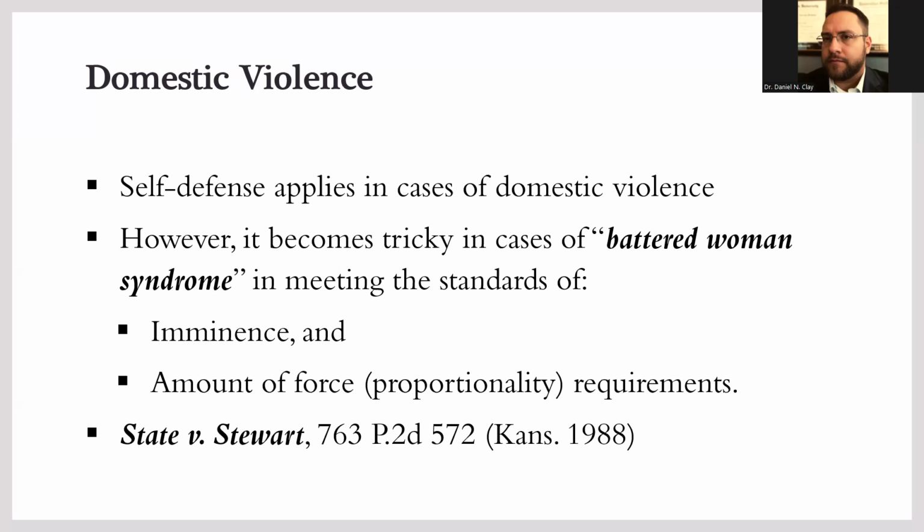And the Stewart case involved this woman who had been horribly, I mean, horribly abused by her husband. If you read the actual accounts, it's like the worst cases of abuse you ever heard. The woman's children also suffered abuse at the hands of this man, including sexual abuse of her daughters. So this guy was just a horrible, horrible person.